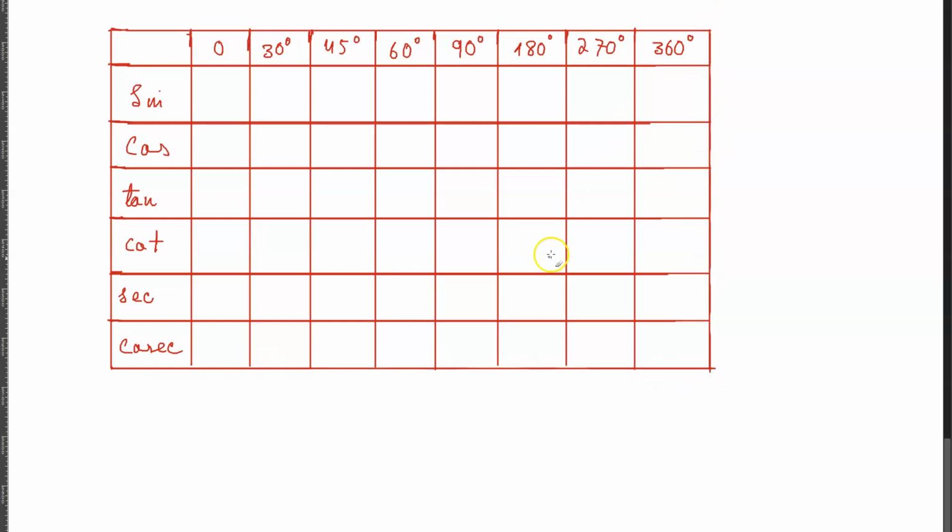Okay, so this is the table that you have. So basically I know that the sine of these we have derived before, so I'm not going to spend any time on these anymore.